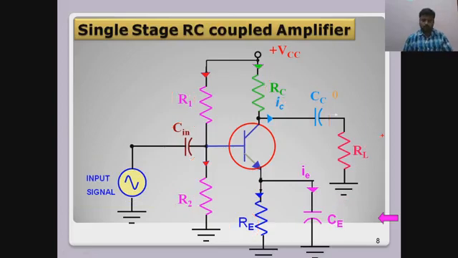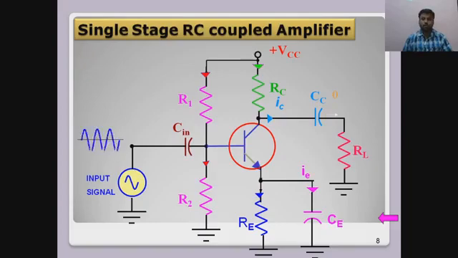Okay, then let us see what will happen if I give the input. See, I have given a small input AC signal here. Now the transistor base is applied with the input, which is an AC signal, and the transistor is properly biased in the active region.